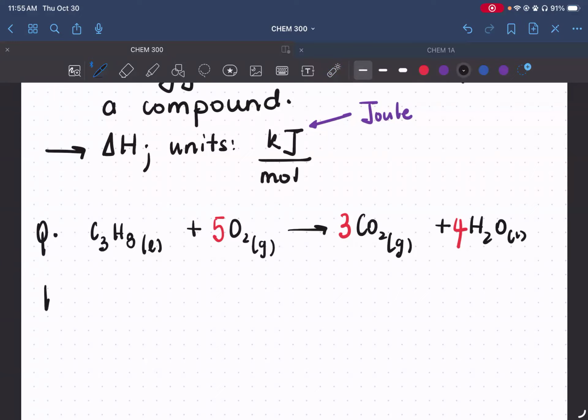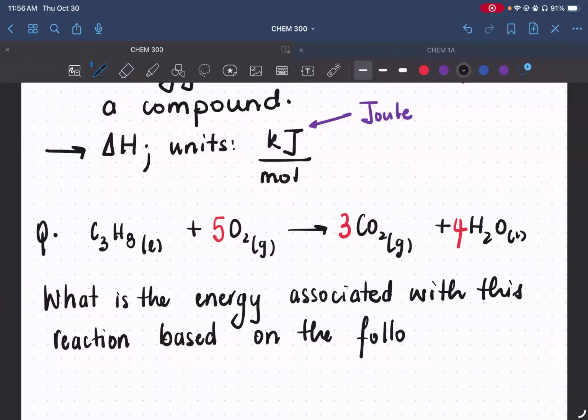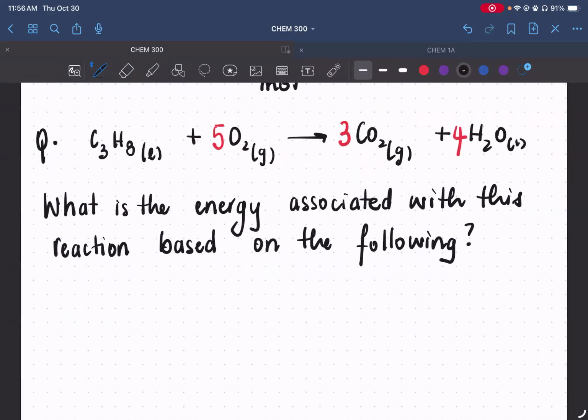The question simply states, what is the energy associated with this reaction based on the following? Now I'm going to give you some values. These are constants that will be part of the question.